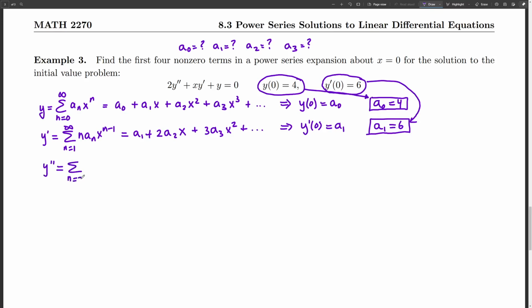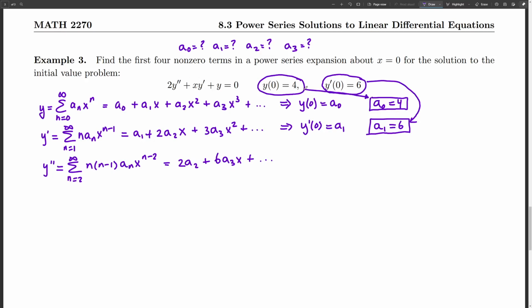The summation starts at 2 and goes to infinity, and we take the derivative of this, so that's n times n minus 1 times a sub n x to the power n minus 2. If you write that out, it gives you 2 times a2 plus 6 times a3 x plus etc.